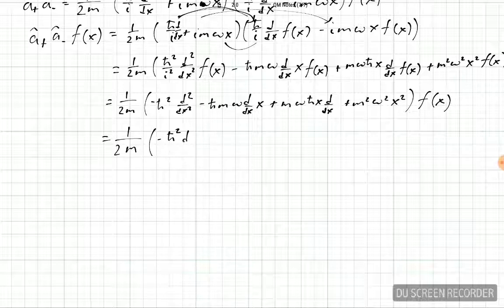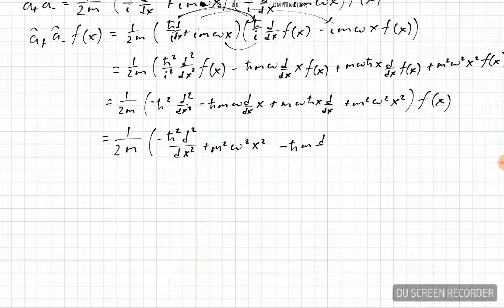So I have negative h bar squared and then the second derivative with respect to space. And then I have this mass squared plus omega squared times x squared. But then I have these 2 terms out here.